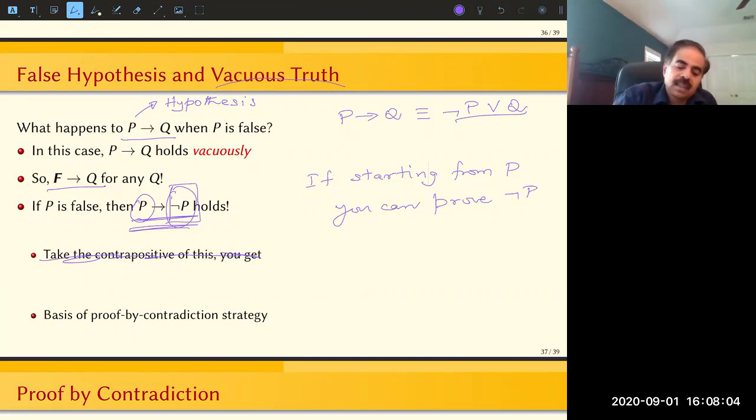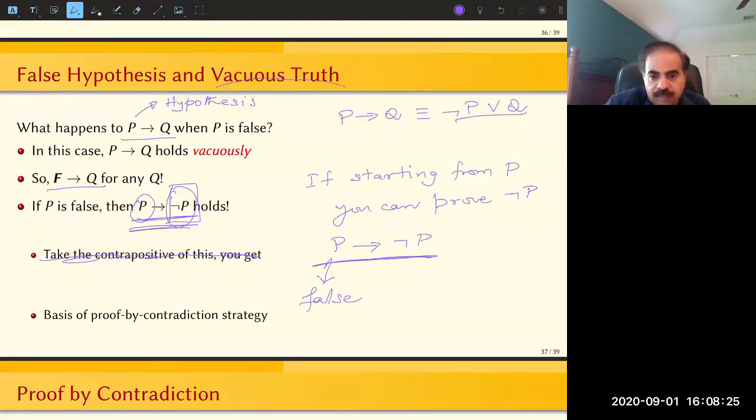That means you have proved P implies not P. But this kind of statement can be true only if P is false. That's the only condition under which P implies not P can be true.